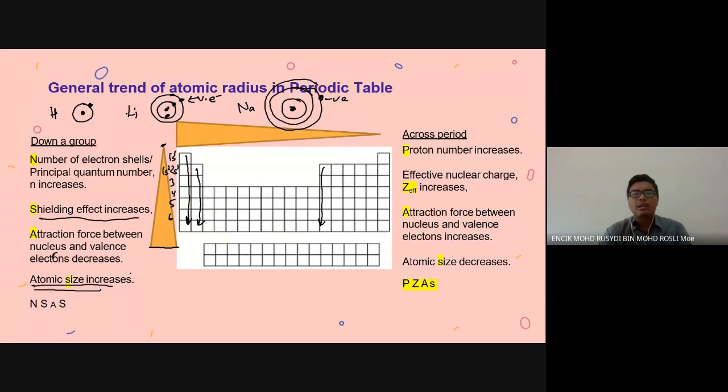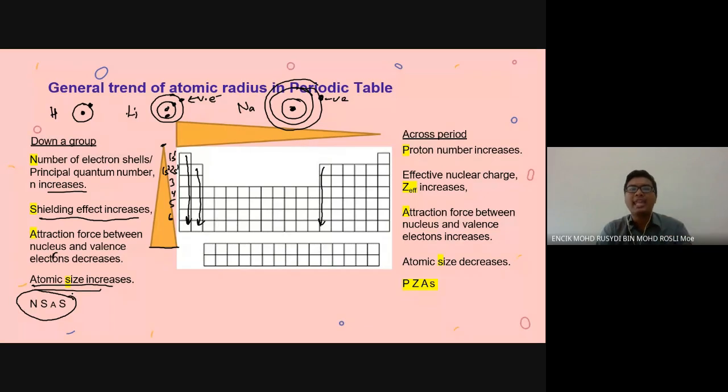Okay, so summarizekan balik, number of electron shells increases, the shielding effect increases, then the attraction force between nucleus and valence electron menurun, decreases. Therefore the size increases. Korang boleh gunakan ini sebagai akronim ataupun macam dia punya abbreviation lah, singkatan bagi explanation untuk going down the group.